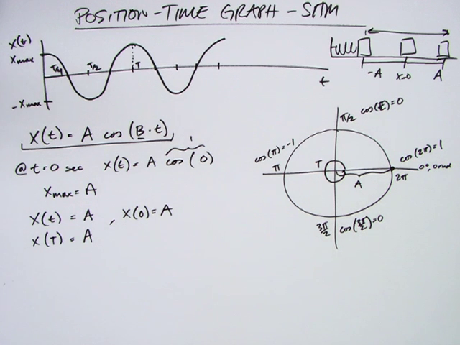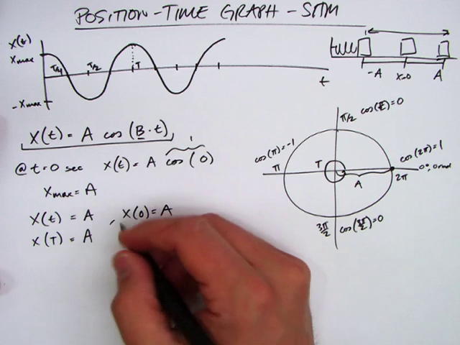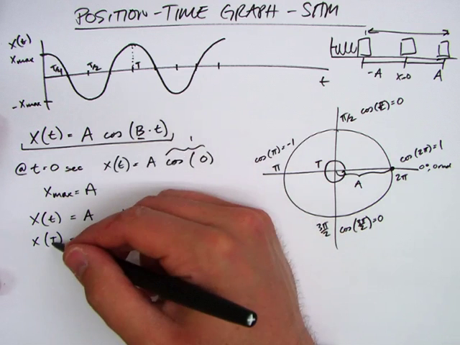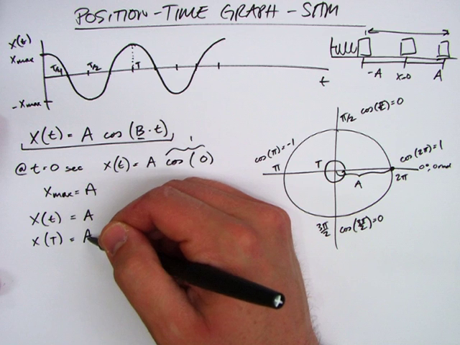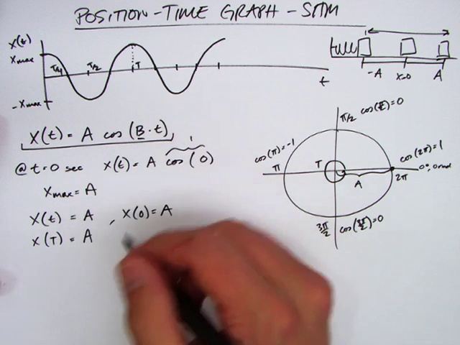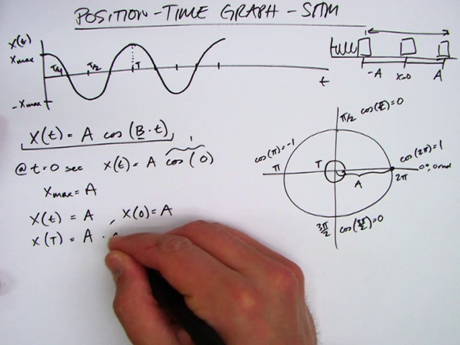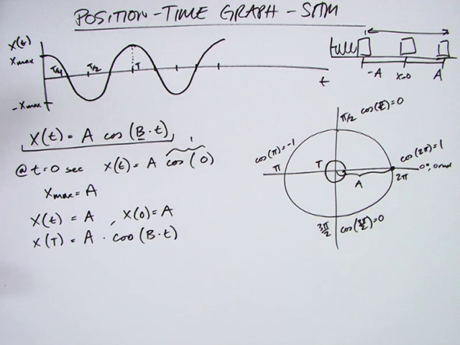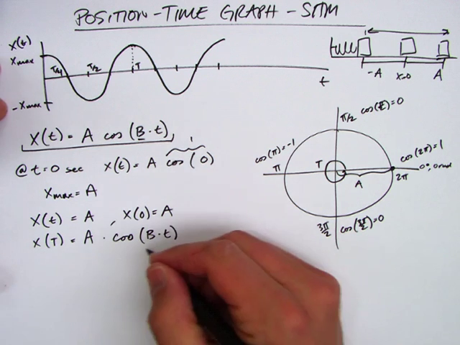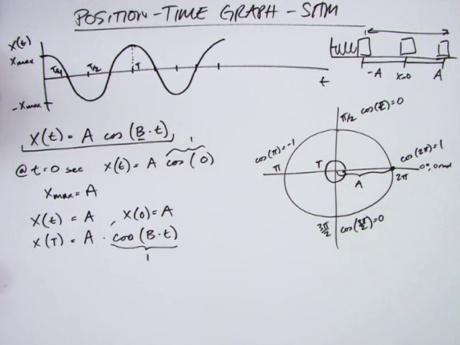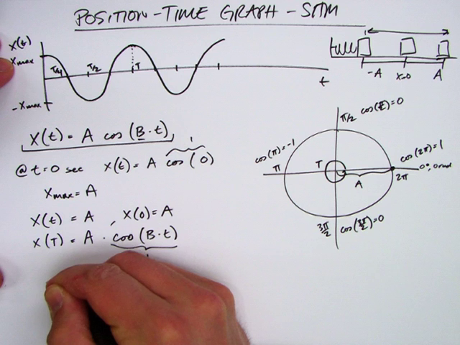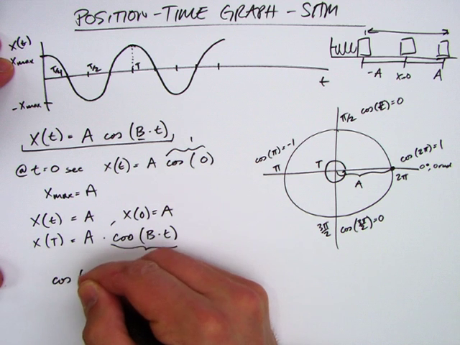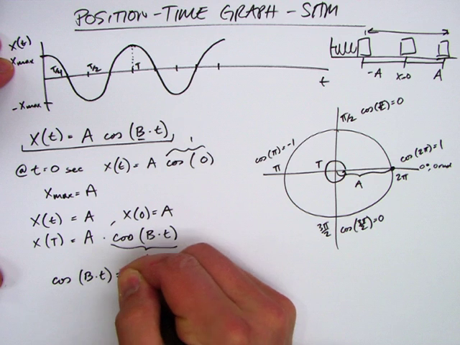So what that tells me is that for me to be back at amplitude of A at time T, the cosine of that expression has to be equal to 1. So when this is 1 again, then I will be back at an amplitude of A. So when else does the cosine of bt equal 1?